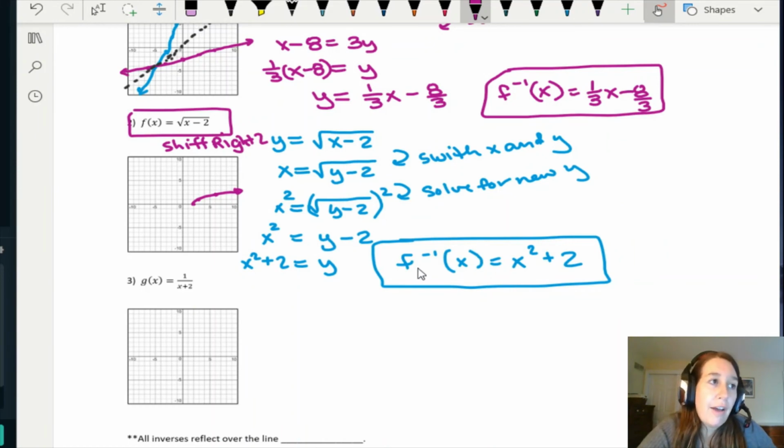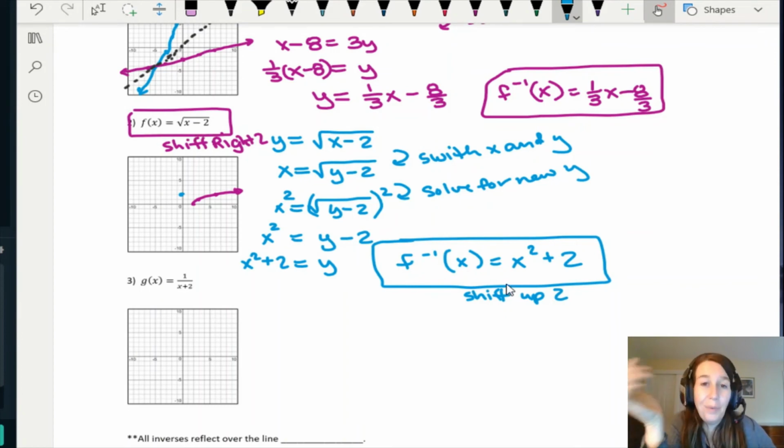Now, if we're going to graph the inverse graph in blue here, that's x squared plus 2. So notice that it's just a squared graph and it's up 2. So this is a shift up 2. Okay. So notice that what happened to the x's in the original is now happening to the y's in the inverse, because remember, we switched the x and the y's. Okay, so I'm going to go here and then here.